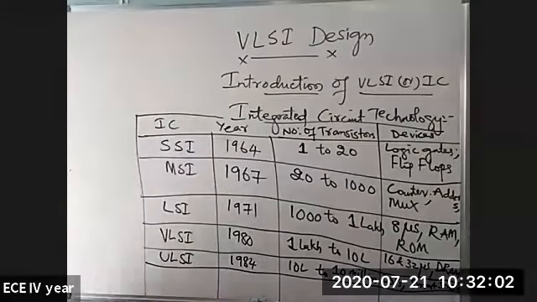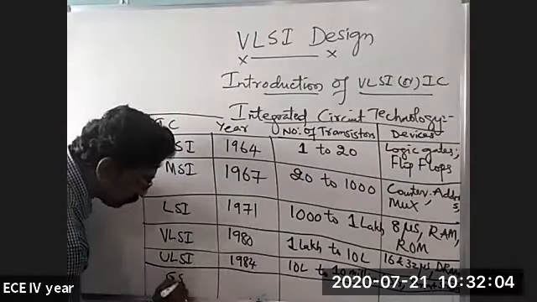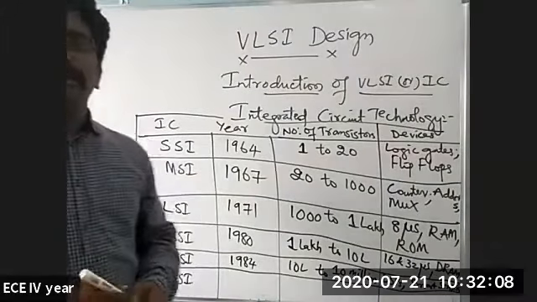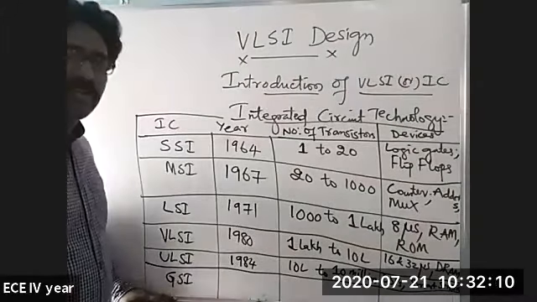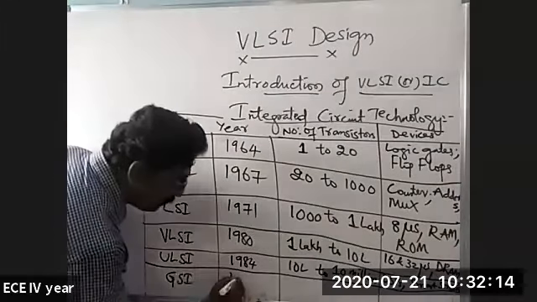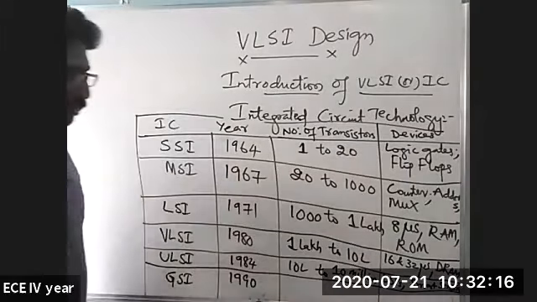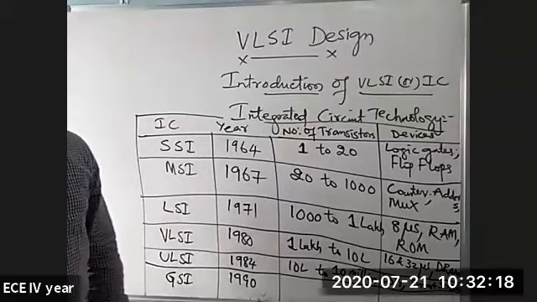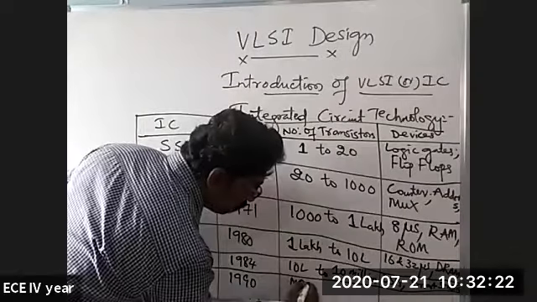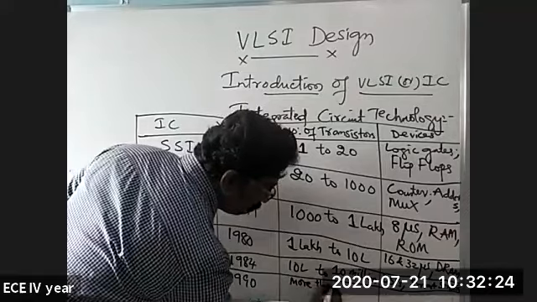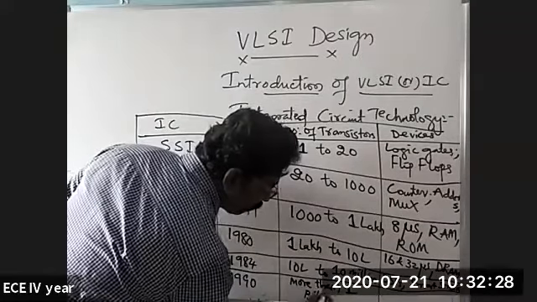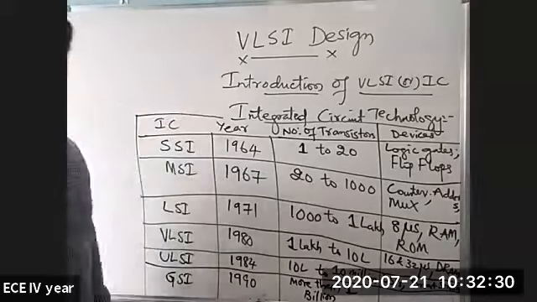Then the next one is GSI. GSI technology is called giant scale integration, or else it is also known as giga scale integration. It started in 1990, with more than 1 billion transistors.